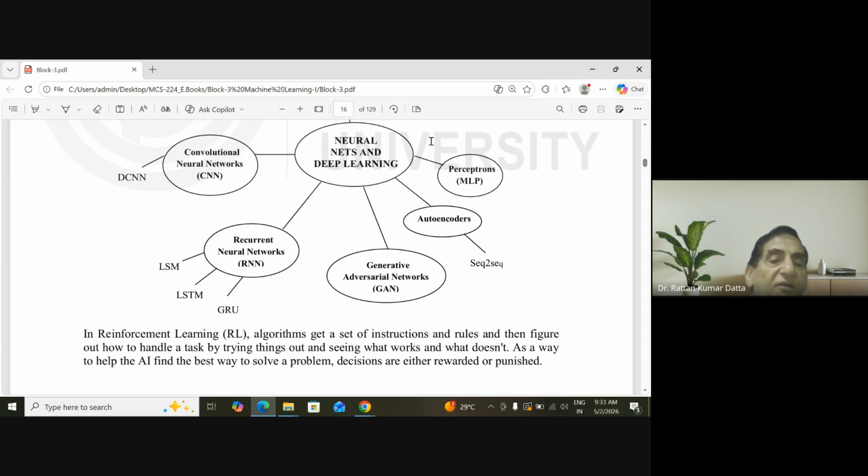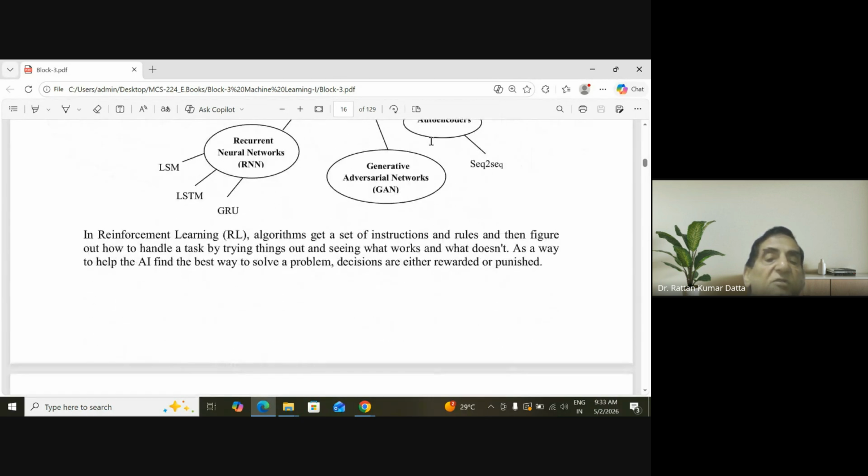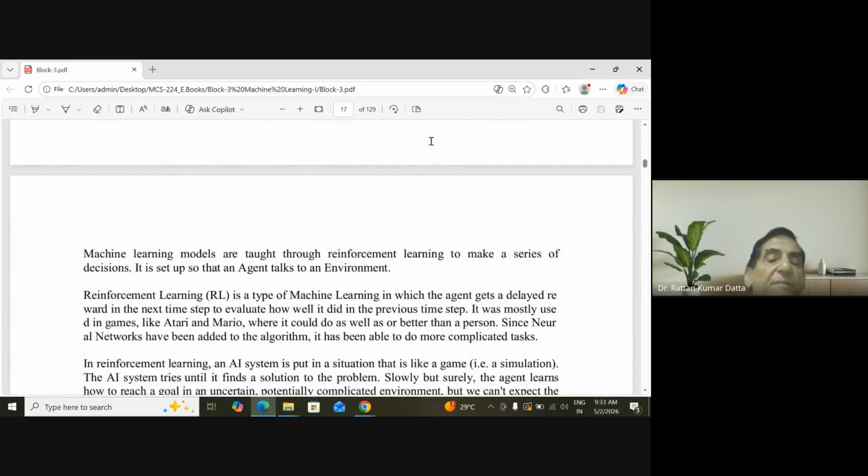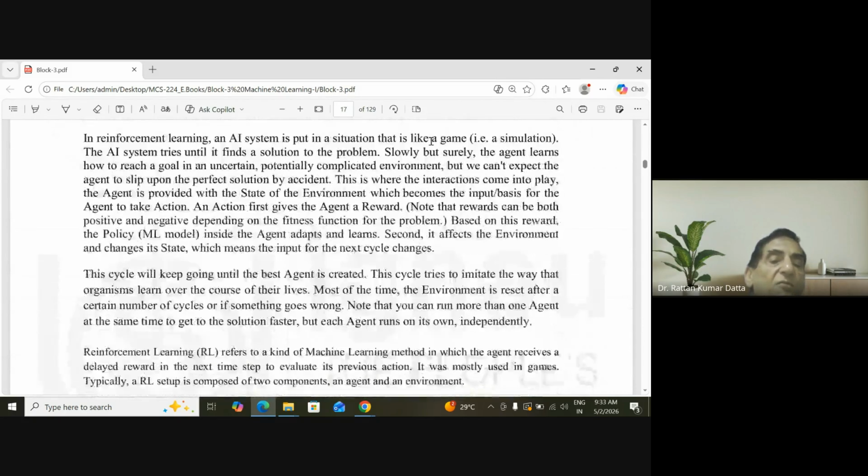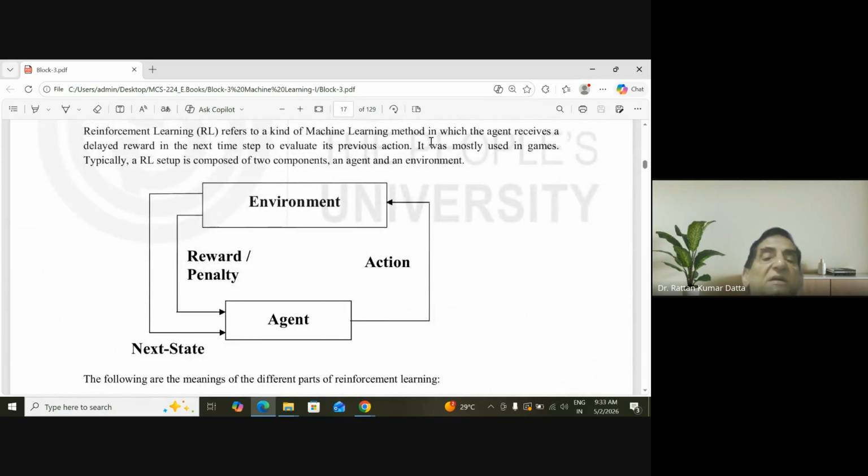So this is reinforcement learning, RL. The algorithm gets a set of instructions and rules and then figures out how to handle a task by trying things out and seeing what works and what doesn't. So all these things are important. So we go to this: this is the environment, and then there are agents. In artificial intelligence, there are always agents: reward, penalty, action.